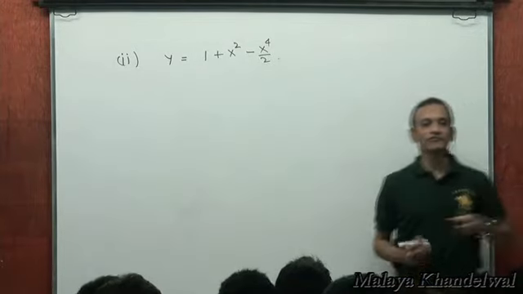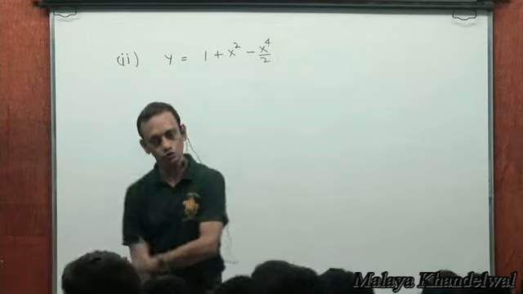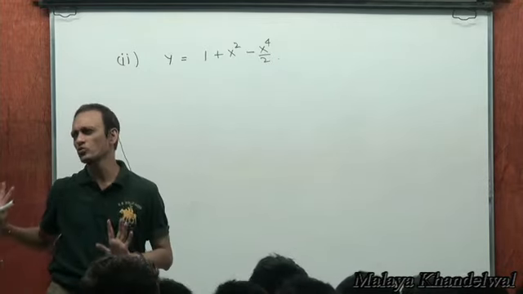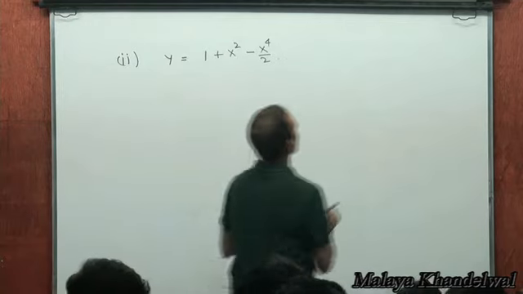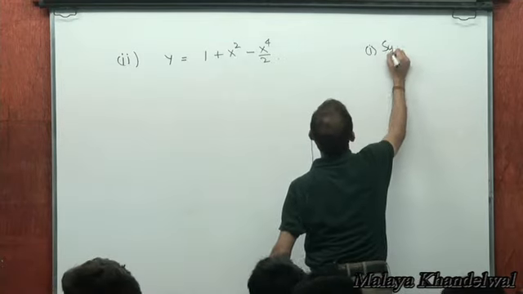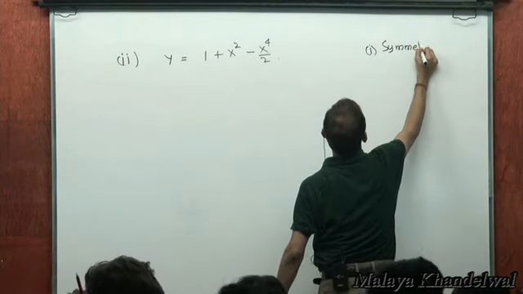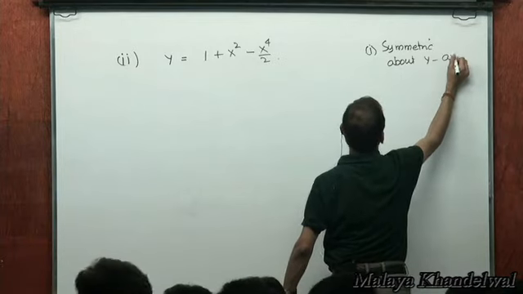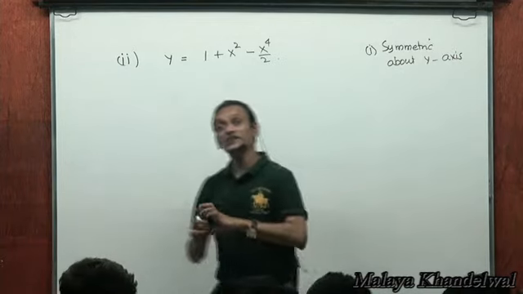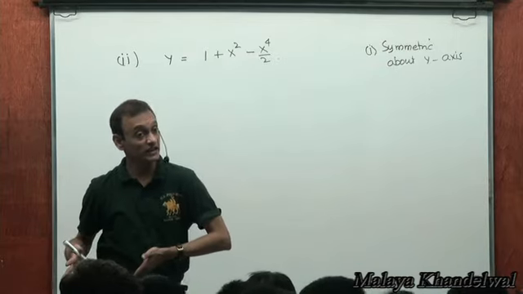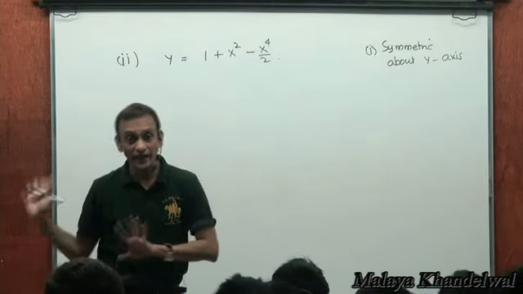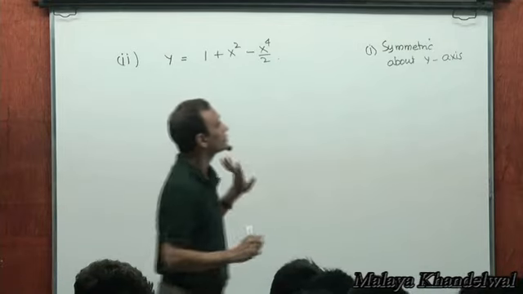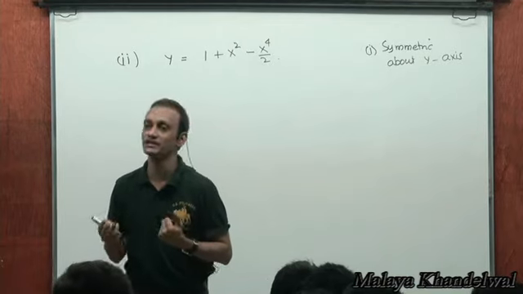Only even powers of x, so it's symmetric about the y-axis. Which means if I just draw the curve for x greater than 0, then that's enough. Then I can reflect the curve about the y-axis to get the curve for x less than 0. So let me just draw the curve for x greater than 0.